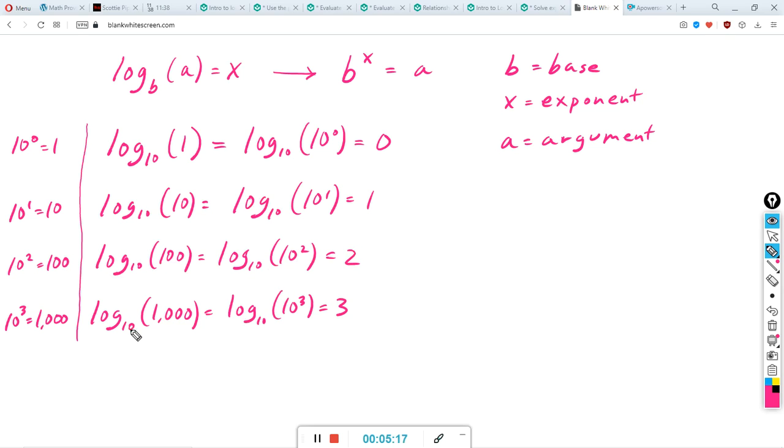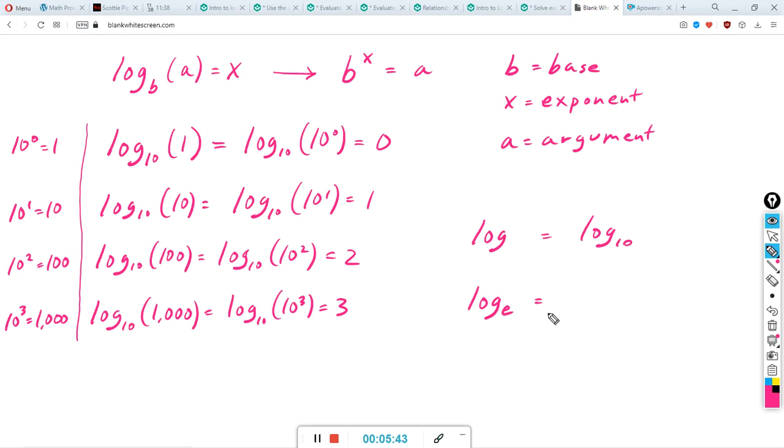So this number to the bottom right of the log, that's your base. On the calculator, it won't show you the base, but the log is always going to be log base 10. There's also one other special log, called log base e.